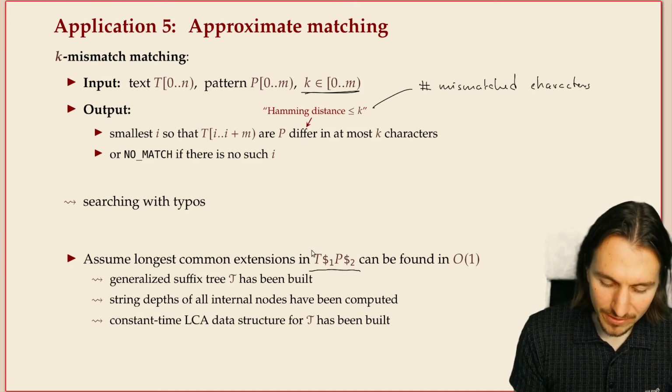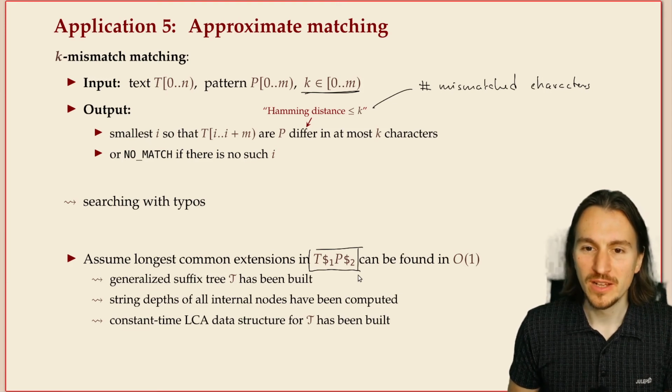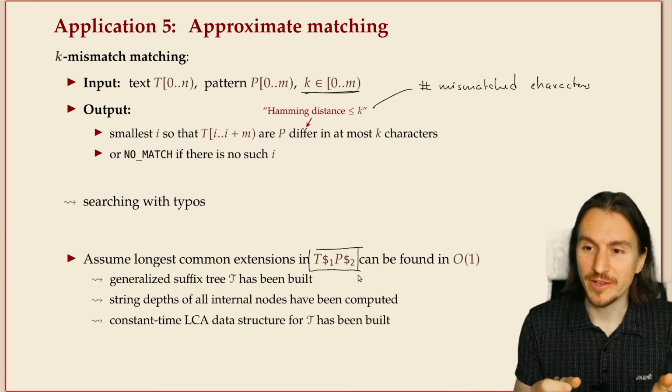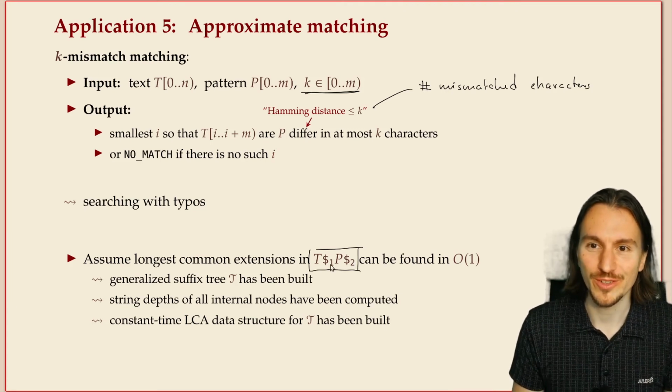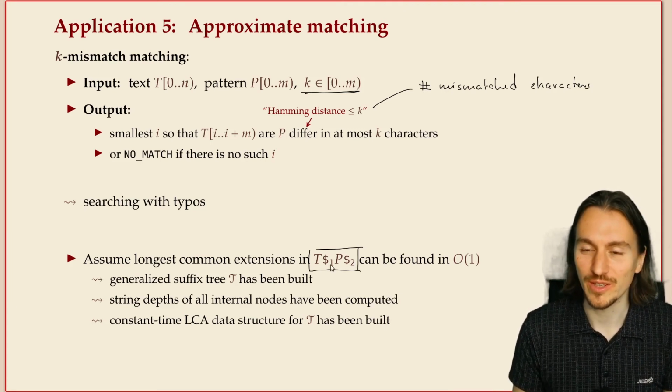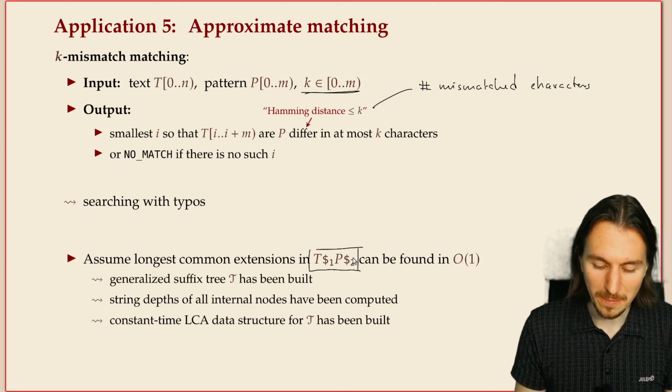What we'll do here is we do a similar trick as for the generalized suffix tree. We take the text and the pattern and make a single string out of it, but we separate it with dollars so that we know when these things end. And now we construct the longest common extensions on this combined string.